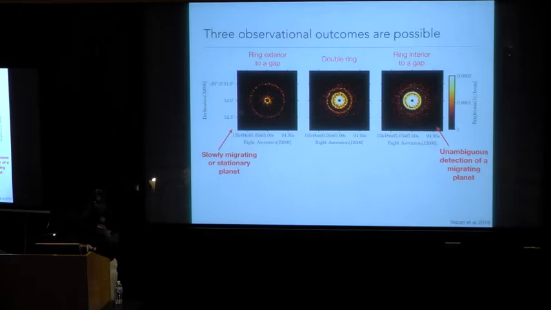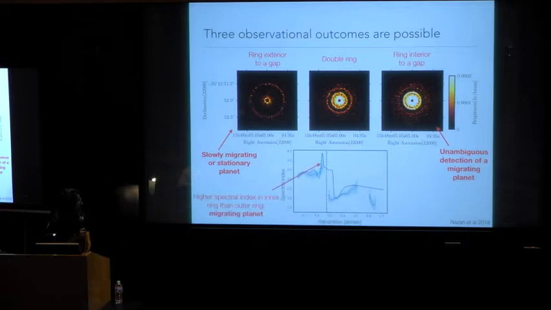But then you could ask the question, well, if you see a double ring, how do you know that it's a migrating planet versus a low mass planet in a disk which can form multiple gaps and multiple rings, or two planets in a disk? Well, the answer comes when you look at the spectral index.